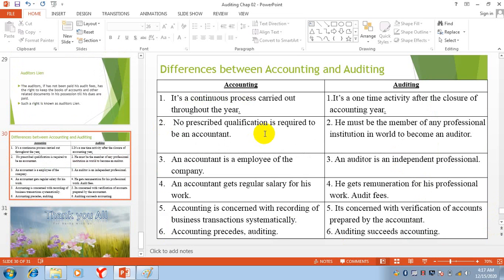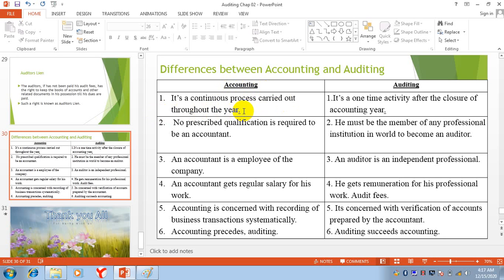Now the last topic of this chapter is the difference between accounting and auditing. These are 6 differences between accounting and auditing. Accounting is a continuous process carried out throughout the year.